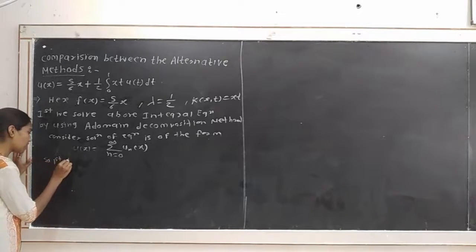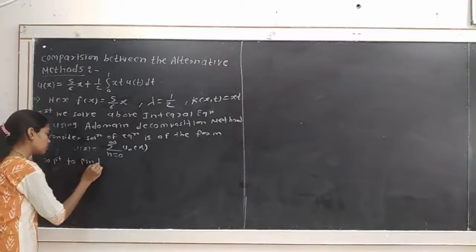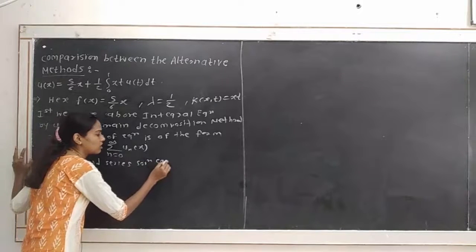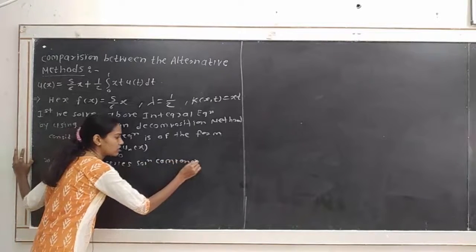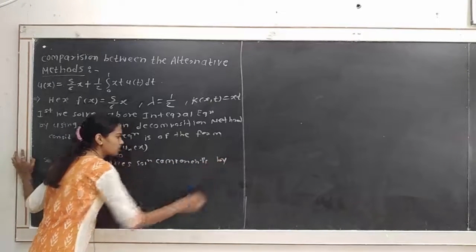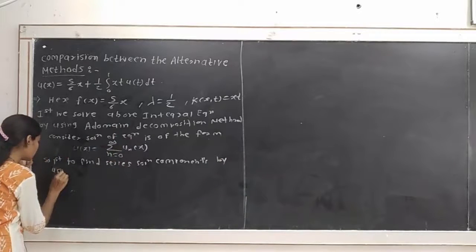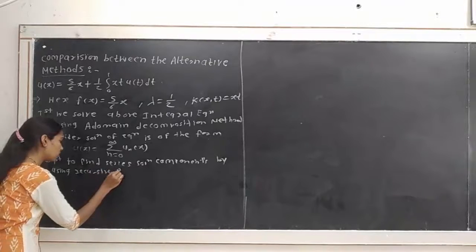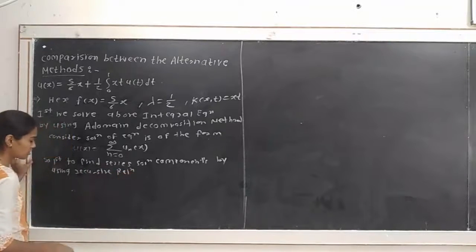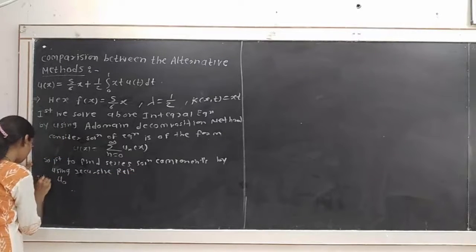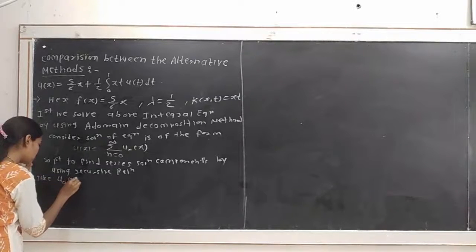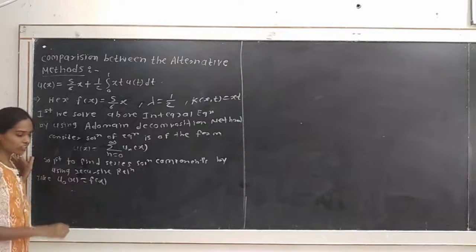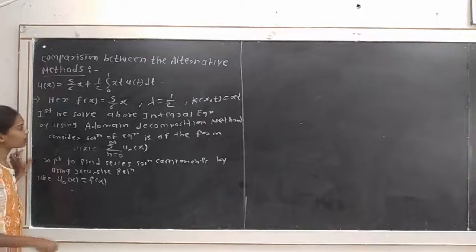First, to find the series solution components by using a recurrence relation, we know which relation is used. Take u0 of x is equal to f of x, that is, the zeroth component we consider equal to f of x.